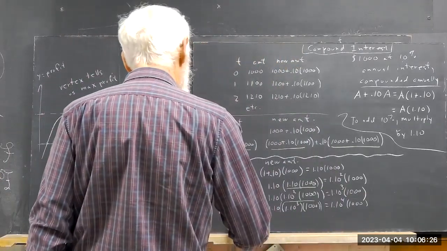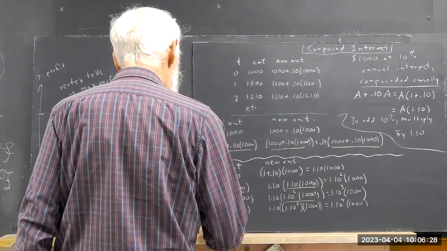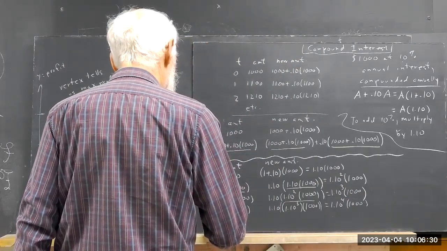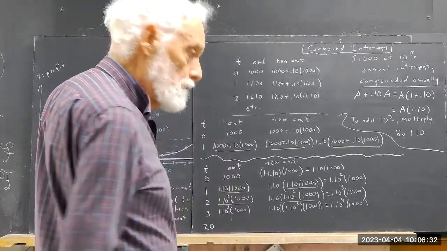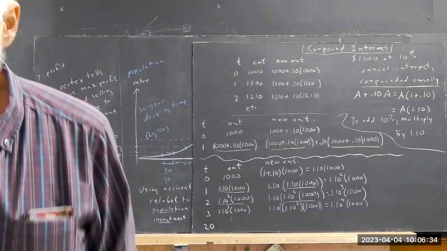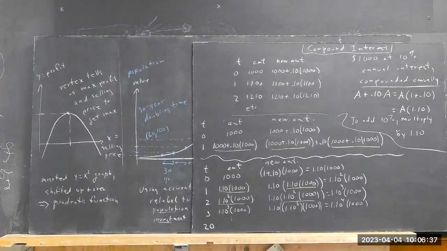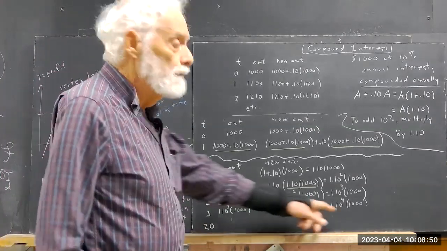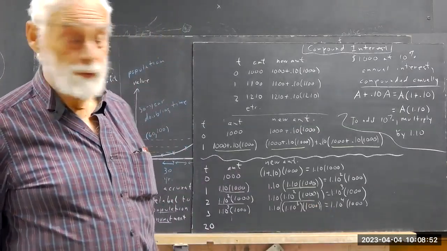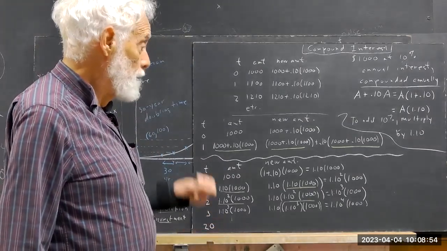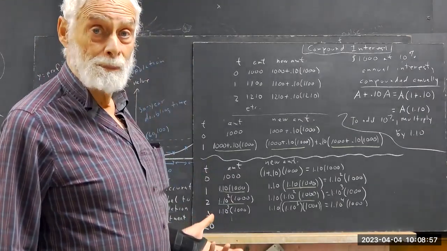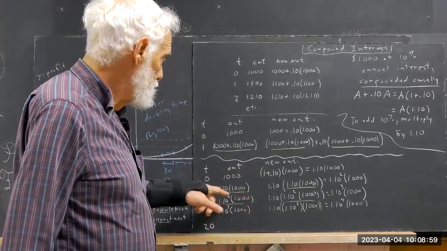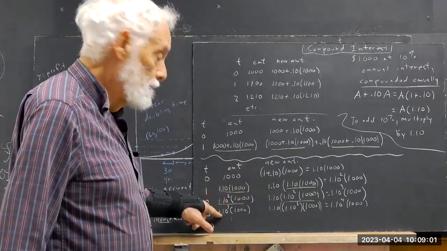Okay, so what I want to know now is how much are we going to have after 20 years? What we see is that every year we multiply by 1.10. So after 3 years, we will multiply by 1.10 3 times. We did it once here to calculate this one, then another time, then another time.